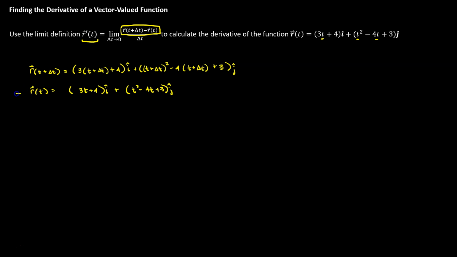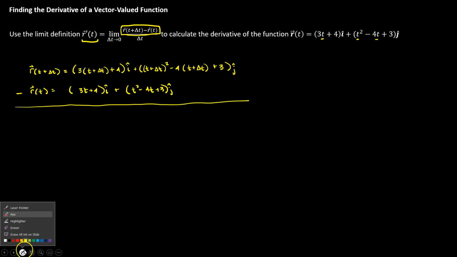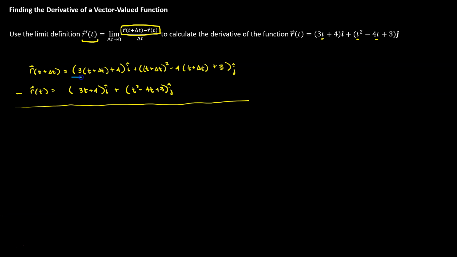If we do the vector difference, we're just subtracting the corresponding components. Looking at the i hat components and subtracting here, we notice that we need to distribute the 3 into these parentheses. So we'll have 3t plus 3 delta t plus 4.